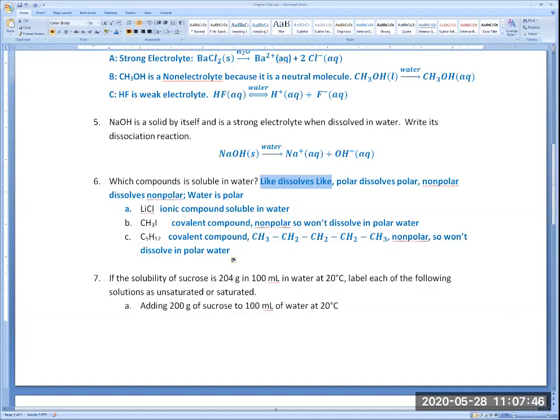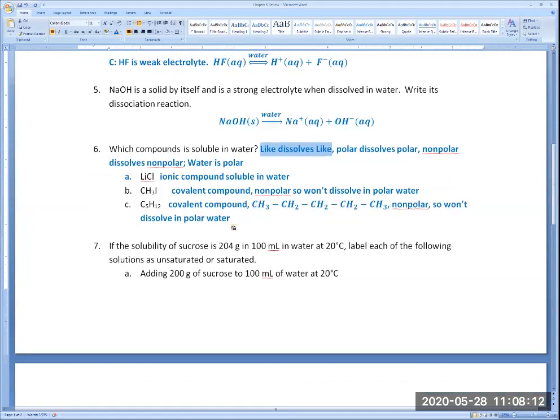If it's mainly C-C bonds and CH bonds, then it's nonpolar. And then when it's nonpolar, it will dissolve well in oil because oil is nonpolar. Oil typically is made of molecules like the C5H12, molecules with a lot of carbons and hydrogens. So that's why they are mixing well together.